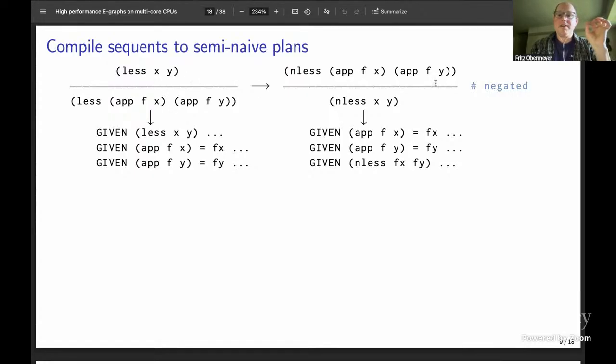So first, the compiler compiles a negated version of that. By the way, when I write this rule, I mean there's another compiler step that turns the app fx and ffy into antecedents. So there are some compiler stages I'm skipping here, but the end result is that you get these 6 semi-naive inference triggers, right?